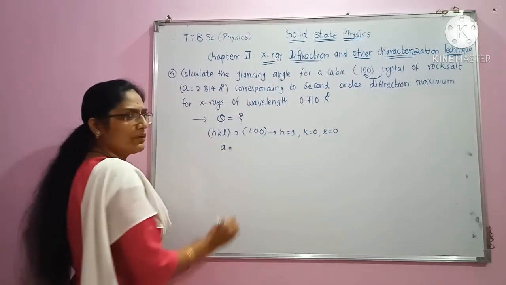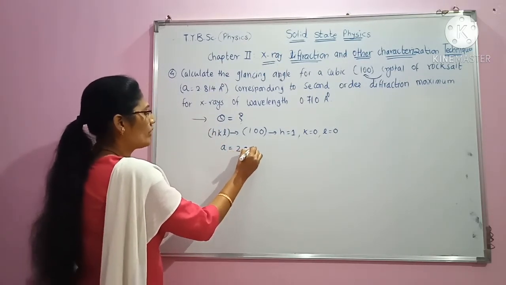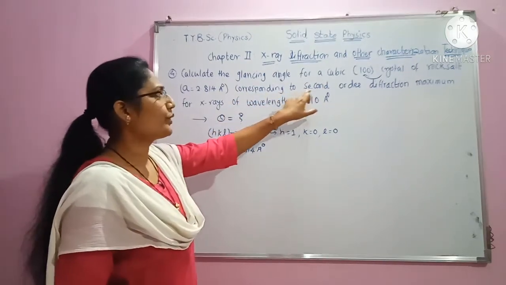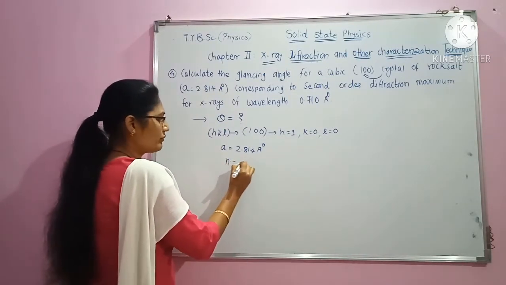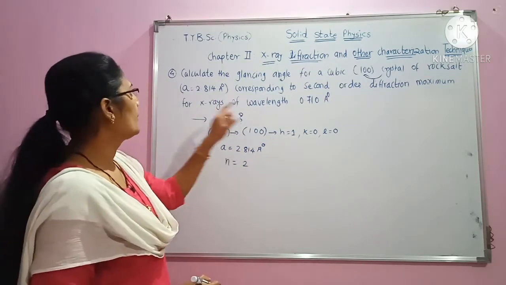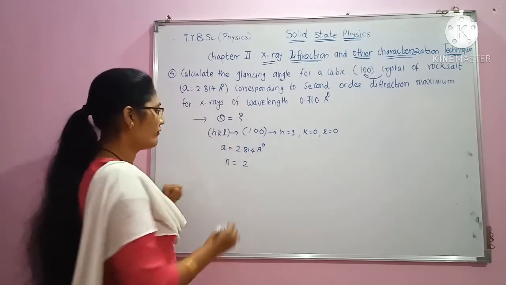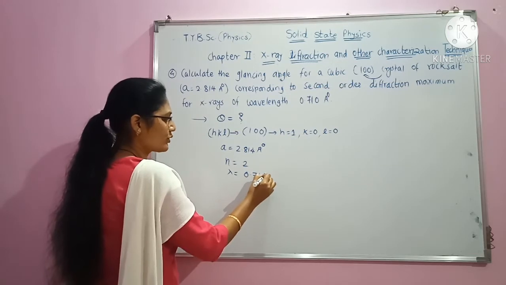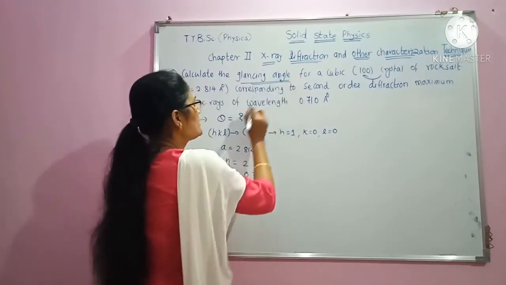A is nothing but lattice parameter. 2.814 angstrom is the value of lattice parameter corresponding to second order diffraction. Second order diffraction means order of the spectrum is the second order. N is equal to 2. Wavelength of X-ray is given as 0.71 angstrom, and we have to find out the glancing angle, that is theta.